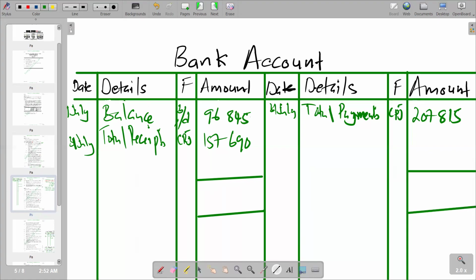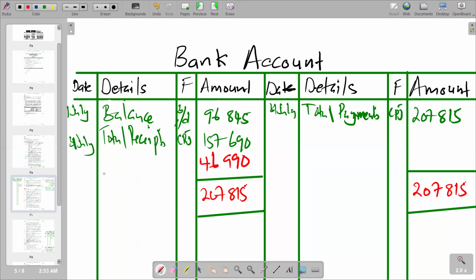So we see that the total should be on the credit side with $207,850. We should also have it on the debit side. If we say 207,850 minus 157,790 minus 96,845, you are going to get 46,990.